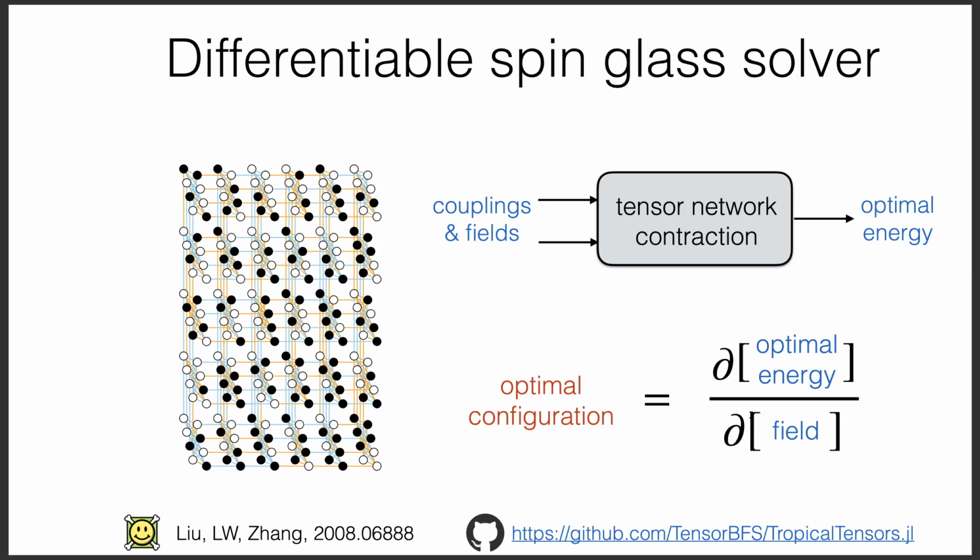Actually, here it involves tropical algebra on a semi-ring. So it's not ordinary tensor network anymore. But again, it was expressed as a computer program. Then we compute this gradient to get the binary numbers 1, 0, 1, 1, 0 as the optimal configuration. That's an application to spin glass. Yeah. Thank you.